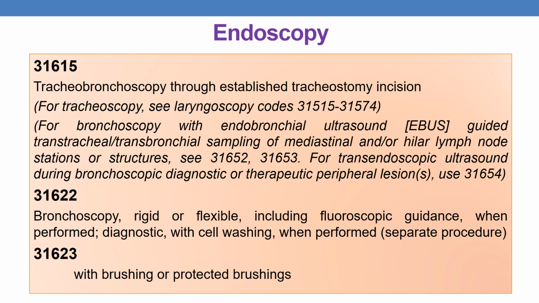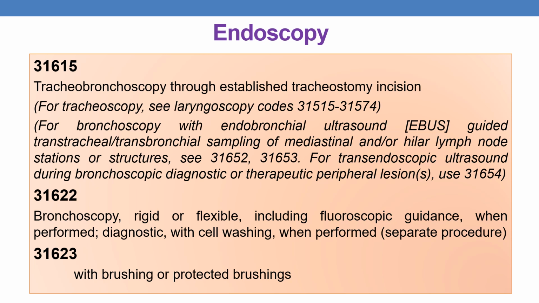And for bronchoscopy with endobronchial ultrasound, EBUS, guided transtracheal or transbronchial sampling of mediastinal and or hilar lymph node stations or structures, you need to see 31652 to 31653. And for transendoscopic ultrasound during bronchoscopic diagnostic or therapeutic peripheral lesion, you need to refer 31654.